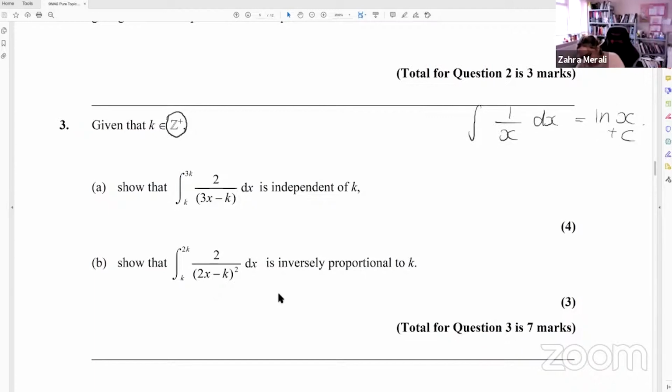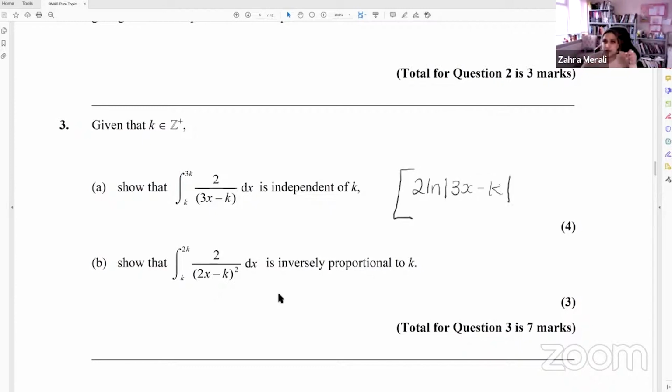If we have the integral of 1 over (ax plus b), it's going to be ln of whatever's on the denominator divided by the coefficient of the x. So that's the case we've got here. So when we integrate this, we end up with, put it in square brackets, 2 ln whatever's on the denominator divided by what's in front of the x.